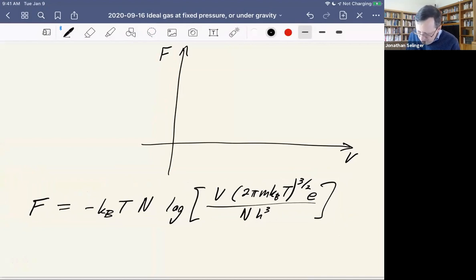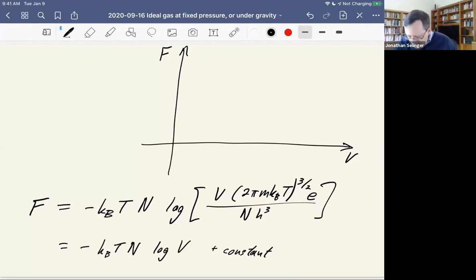And so this is minus kTN, that's an N, minus kTN log volume plus a constant, because the log of a product is the sum of the logs.